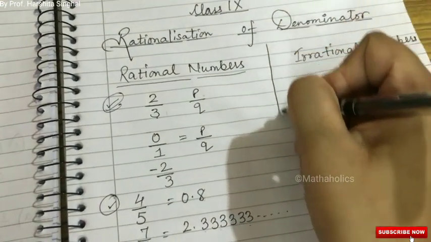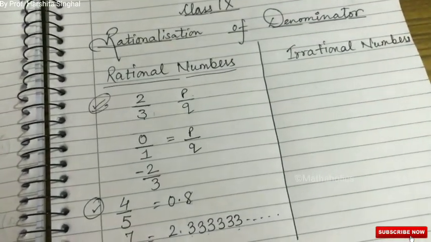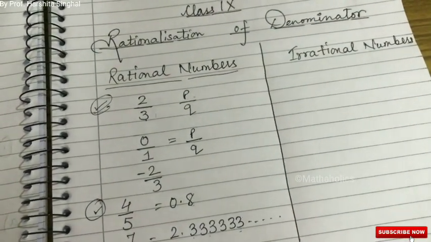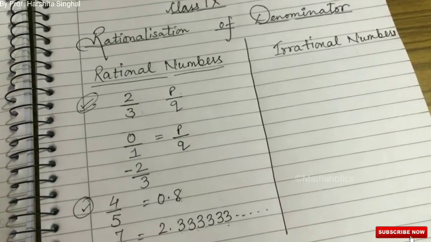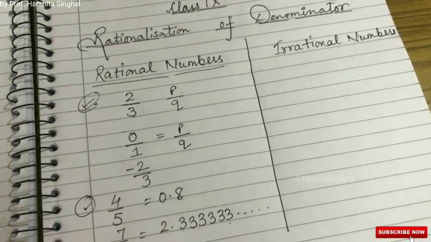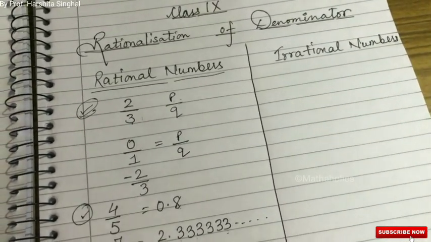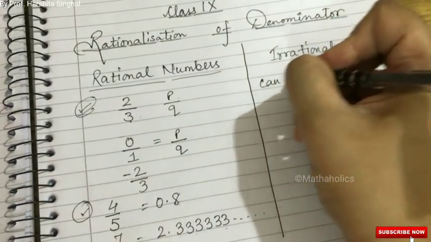Now what are irrational numbers? Irrational numbers are just opposite to that of rational numbers, means the numbers which cannot be written in the form of p upon q are known as irrational numbers.